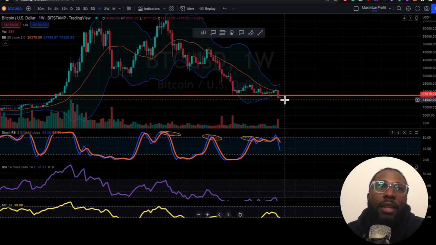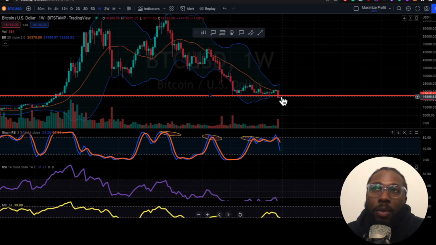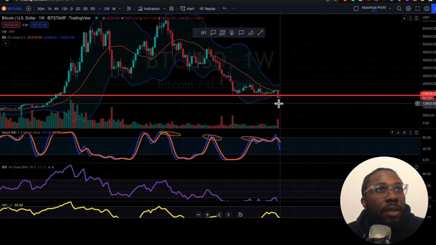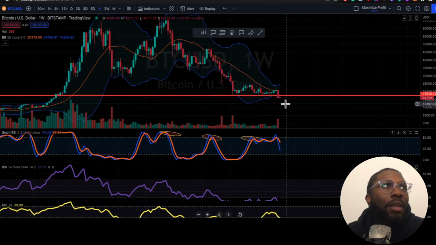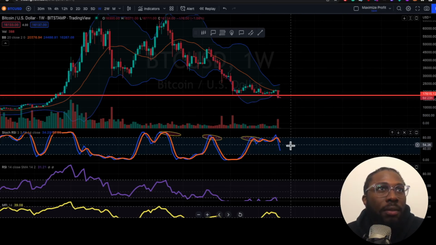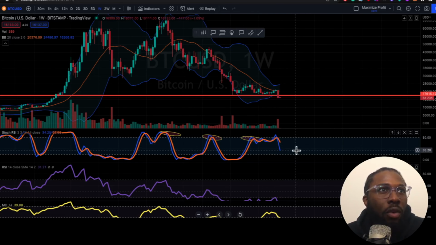However, there is some news coming out that other crypto exchanges are insolvent, meaning they don't have the funds that they claim they have. Okay, that's not good news, but what I would recommend, not financial advice, is I'm going to look at this particular weekly chart, and on the Stochastic RSI, I'm going to wait for another cross, the blue over the orange.